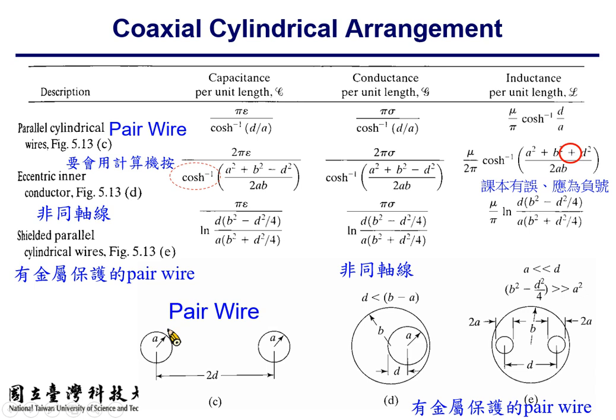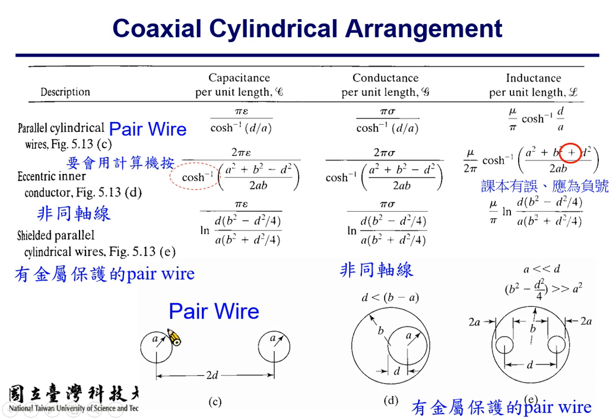So you learn how to find arc hyperbolic cosine using your calculator. Okay, you can bring your calculator to the exam, but not with your phone. Okay, I will allow scientific calculator to be used in the exam.